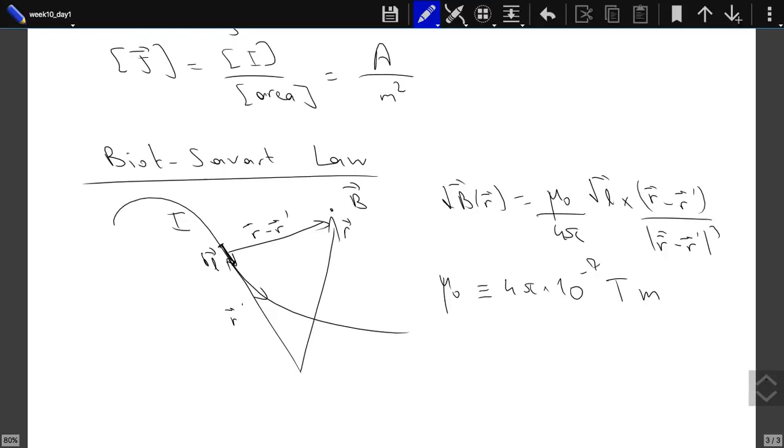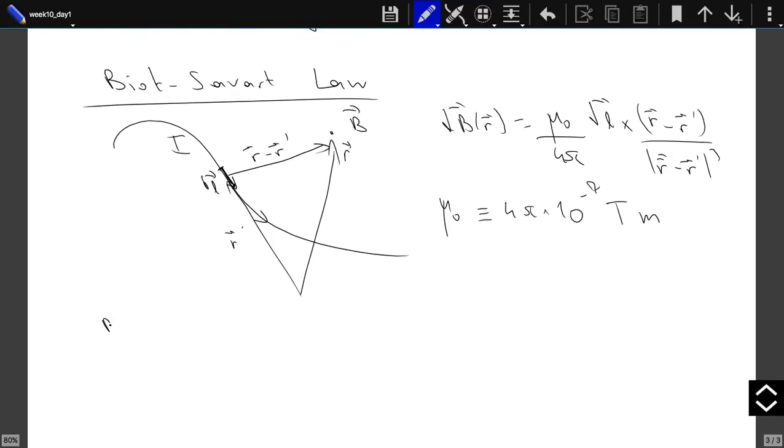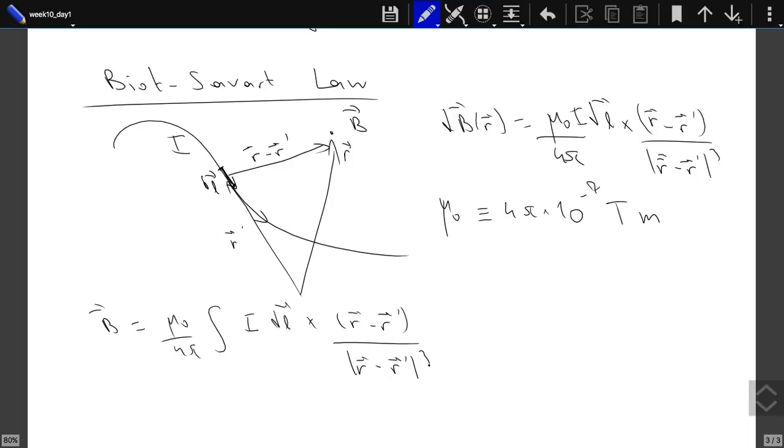So if you want to calculate the total magnetic B field, it will be just the integral. There's an I over here: I dl cross r minus r prime divided by r minus r prime cubed.